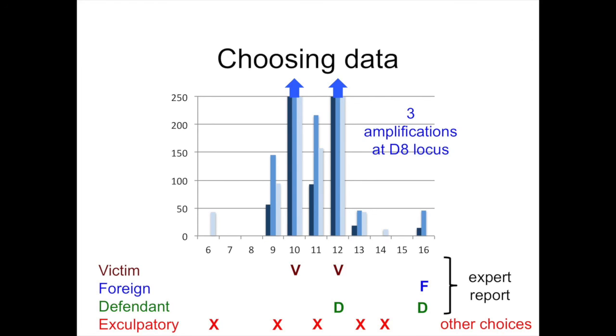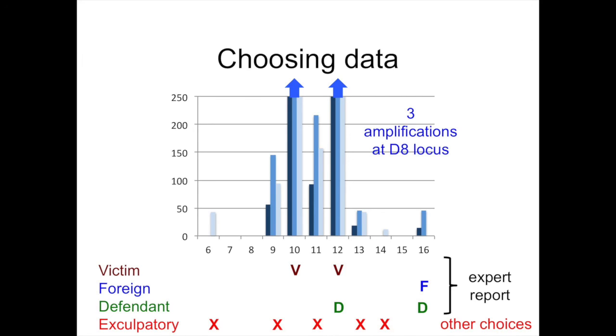The software operator chose to input the victim's alleles 10 and 12, shown as brown V's in the bottom chart. In the next blue row, an F letter shows that foreign allele 16 was also chosen.